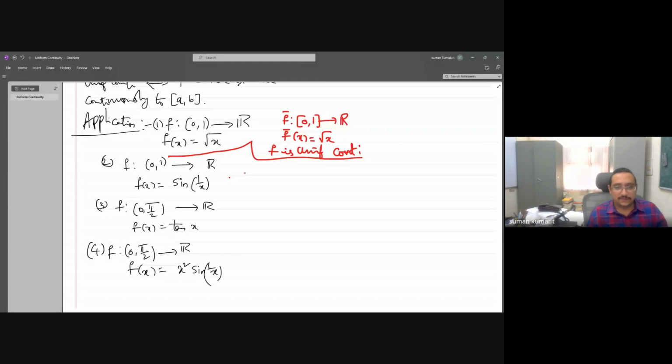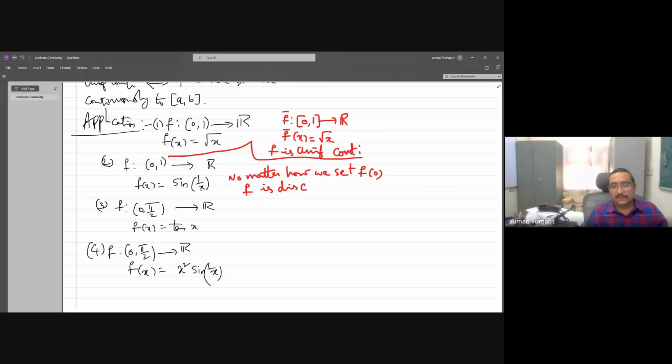Now, next, what about this? Is such a function continuous? Can this be continuous at 0? No matter what value you define at 0, no matter how we set f of 0, f is discontinuous.